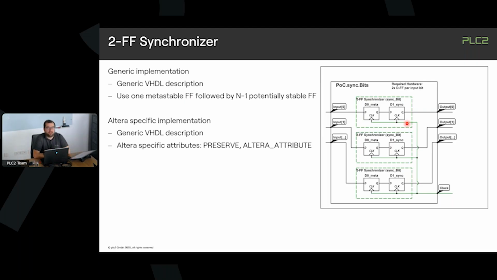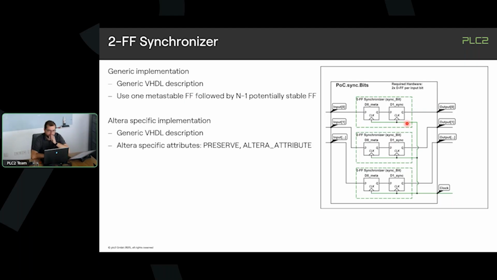When PoC detects that your FPGA underneath is an Altera FPGA, we switch the implementation to an Altera-specific one. The VHDL code itself is still generic, but we are then applying Altera-specific attributes. One is a preserve attribute that prevents inferring some kind of shift registers, which have not so good probability for settling metastability.